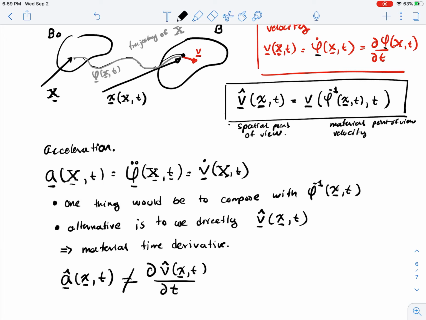So that is not true. And why is that not true? Because x is moving, right? So the lowercase x is moving. The big X is never moving. So then I can take as many time derivatives as I want because the reference configuration is fixed. That one stays there all the time.